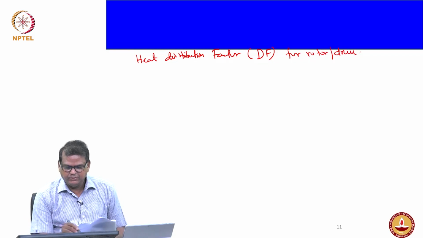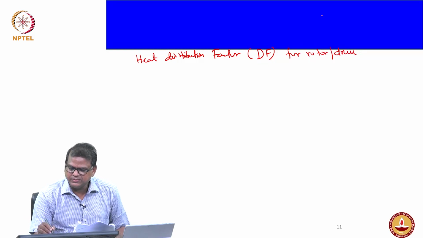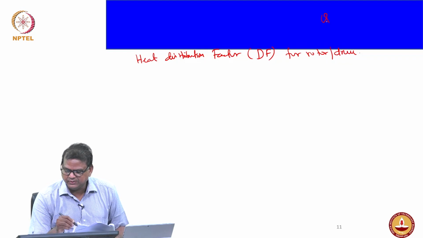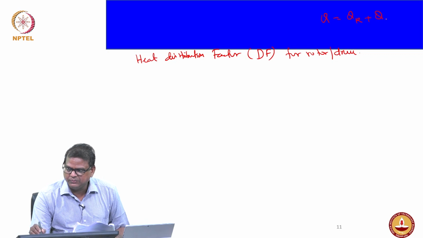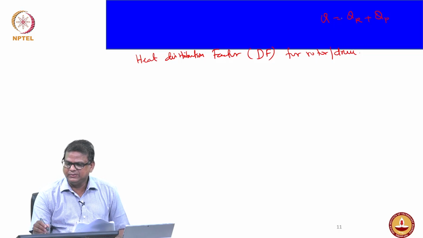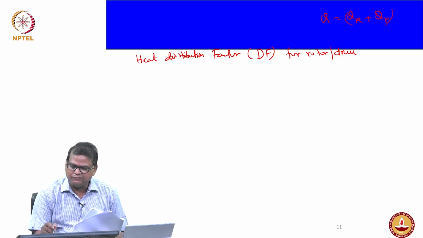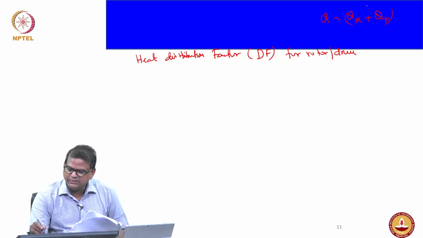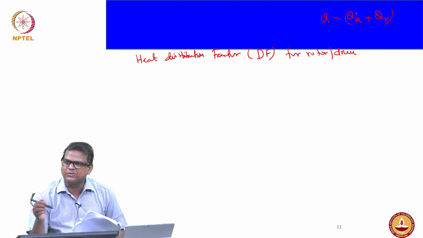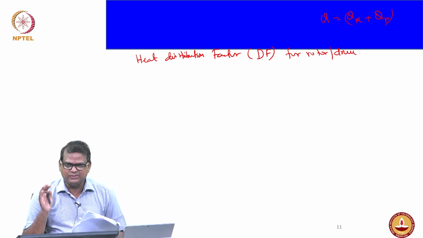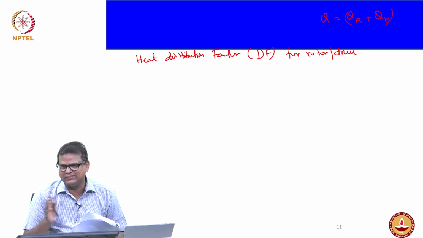Before proceeding, the total heat transfer Q would be the summation of the heat transfer of the rotor and the heat transfer of your pad. When we talk about the distribution factor, among the 100%, how much heat is going to the rotor or to the lining, that is what we are going to do.